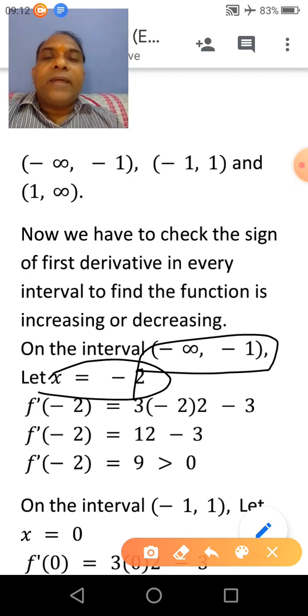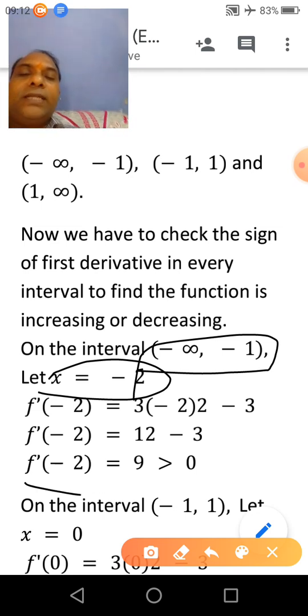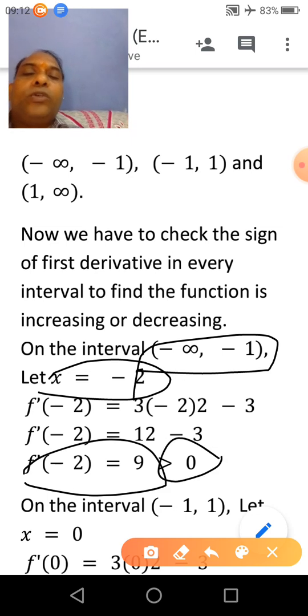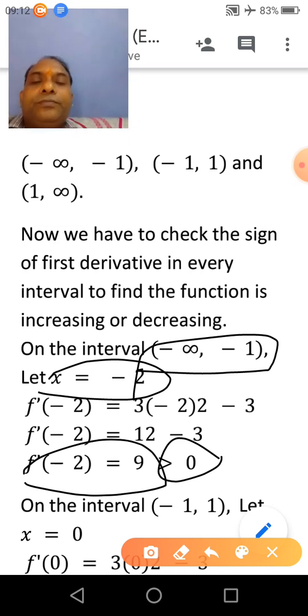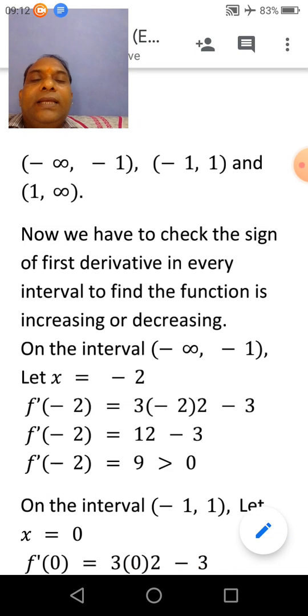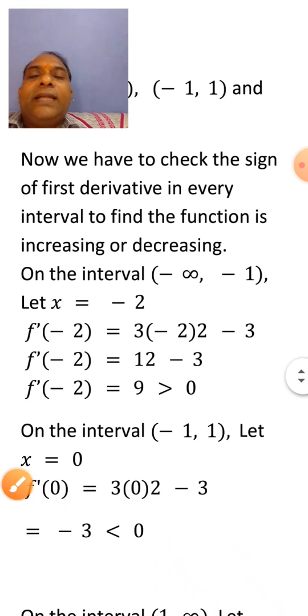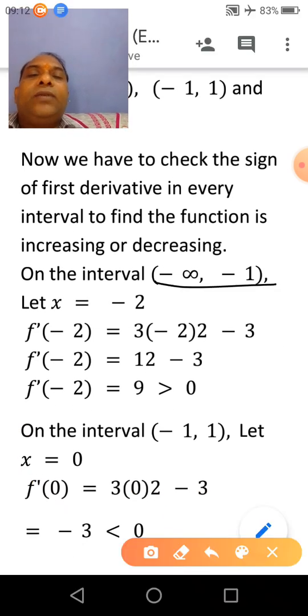Clear? Then find the value. So f dash minus 2 is equal to 9, which is positive, greater than 0. So we can say that at x is equal to minus 2, f dash x is greater than 0. So the function is increasing in the interval minus infinity to minus 1.